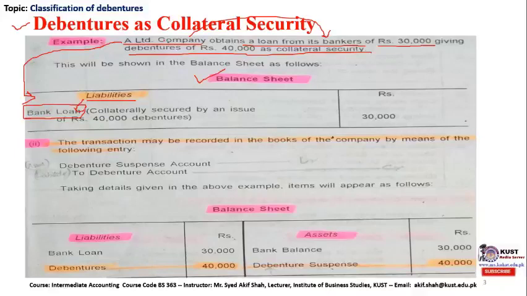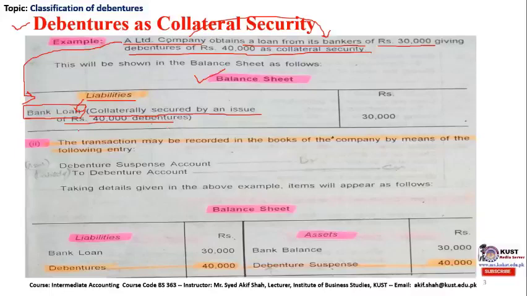This balance sheet belongs to A Limited company. Under the liability section, the company has mentioned a bank loan, and in brackets it has clearly given a note that it is collaterally secured by an issue of rupees 40,000 debentures. So everybody now knows that the company has issued 40,000 of debentures.